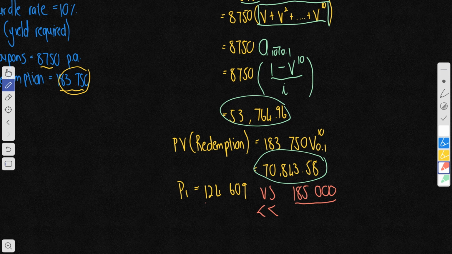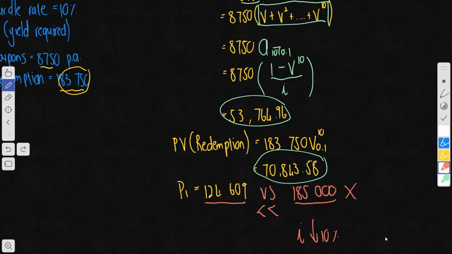Remember, this is just a theoretical number that the investor would need to pay in order to earn 10%. But since the actual price is much higher than this theoretical price, we know that the investor will not be able to achieve his 10% target by investing in this particular instrument.